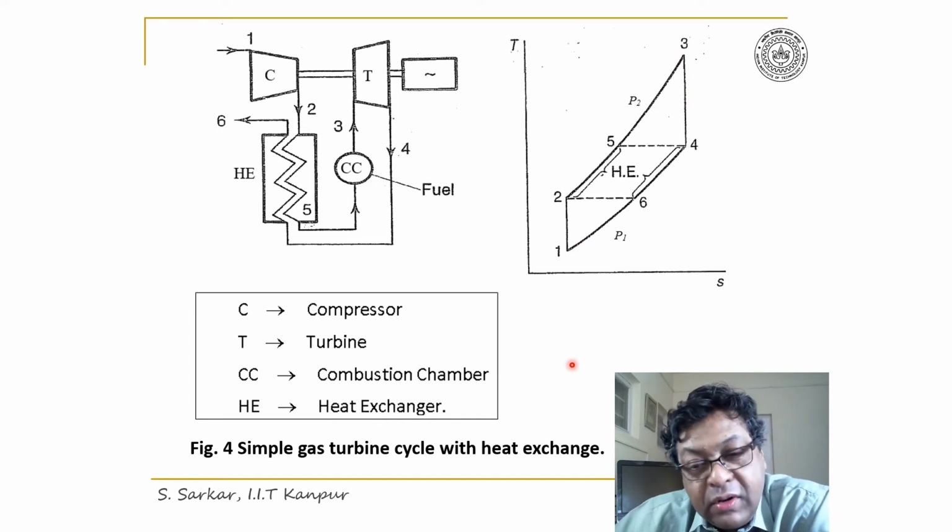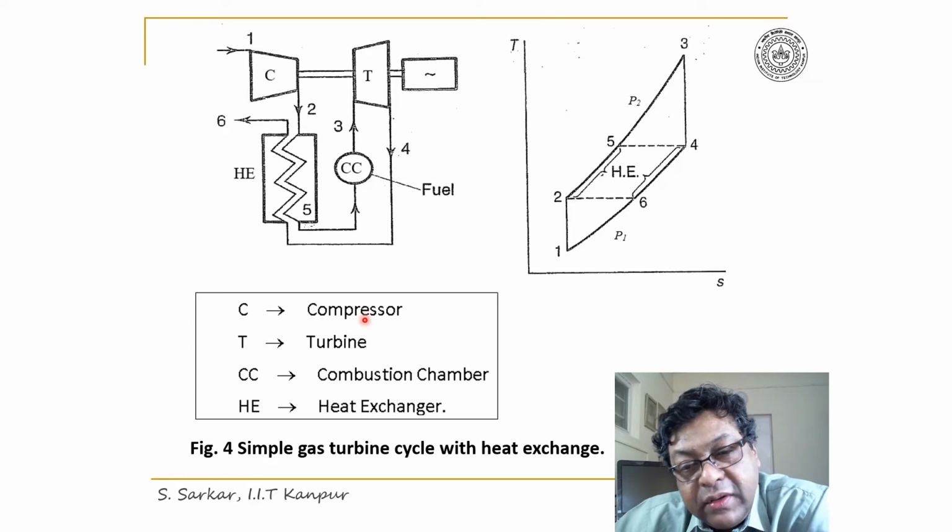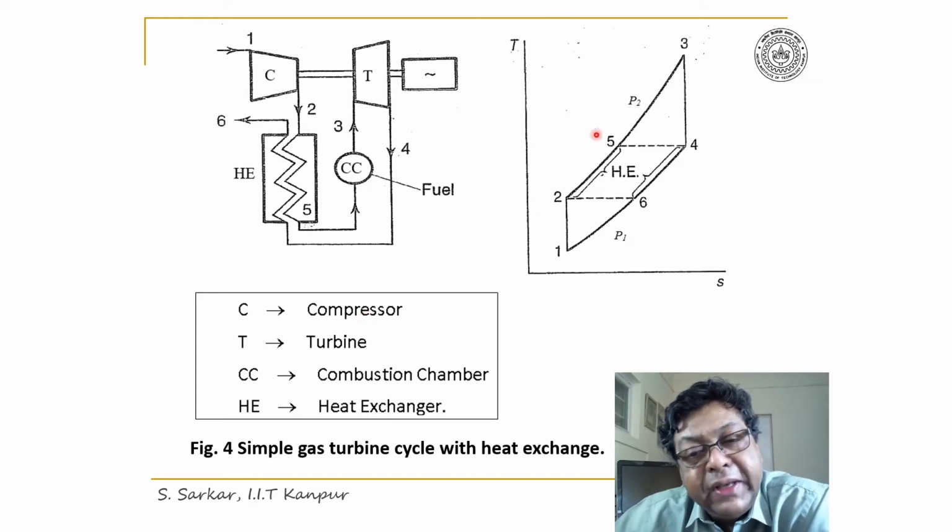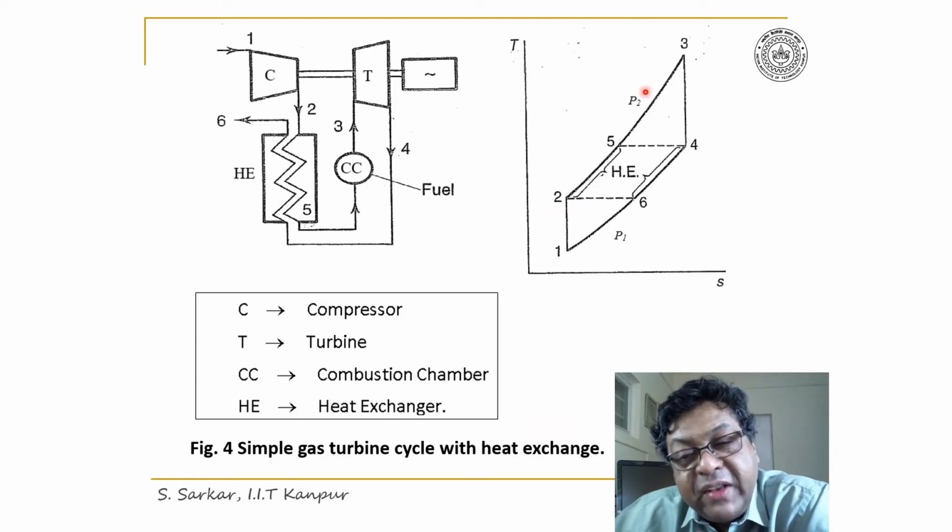As before, this is the T-S diagram of a simple gas turbine cycle. Here, part of the heat load is accomplished in the heat exchanger, that is, the process 2-5 occurs because of the exchange of heat in the heat exchanger.